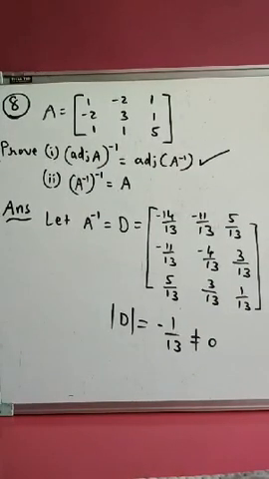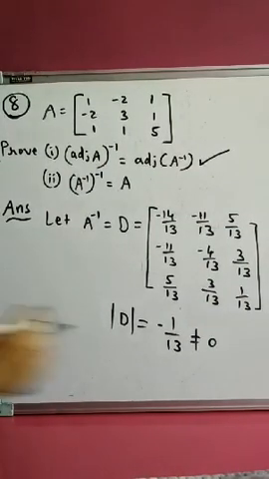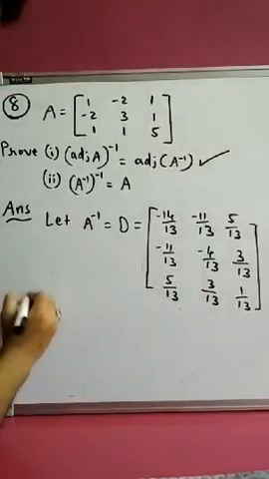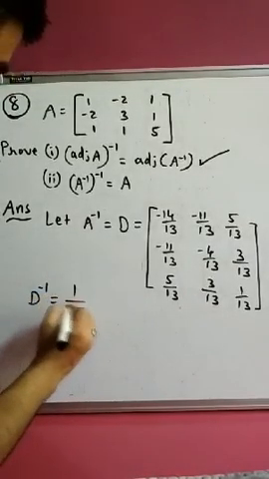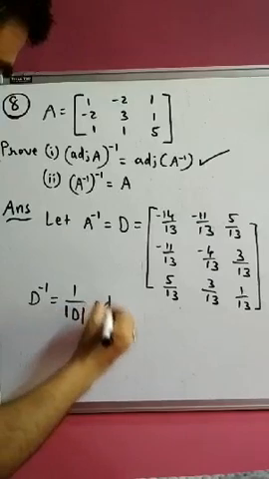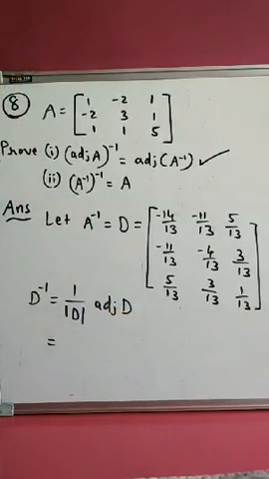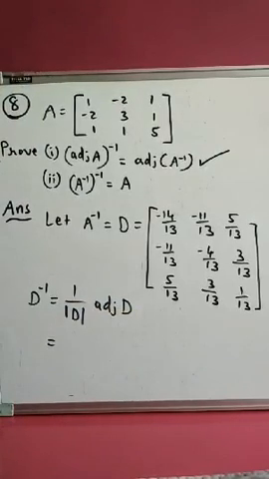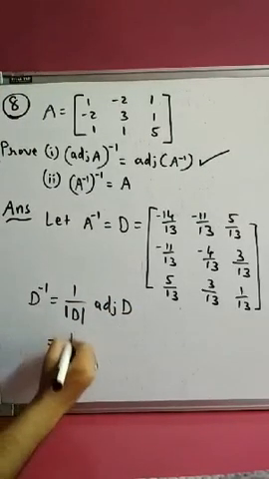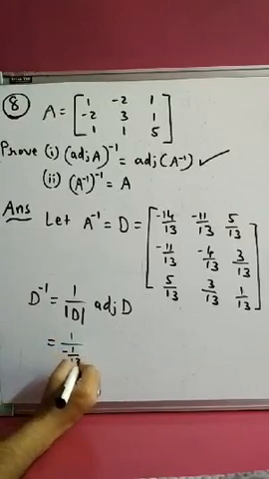Okay, D inverse. See how we are going to find D inverse. D inverse is equal to 1 by determinant D into adjoint of D. You have found determinant D, whose value is minus 1 by 13. So here 1 by minus 1 by 13.